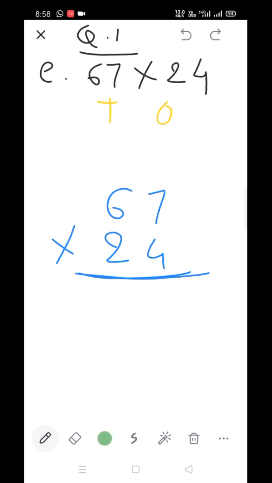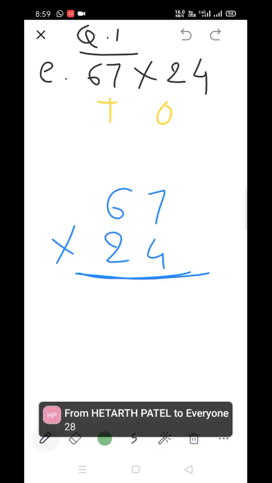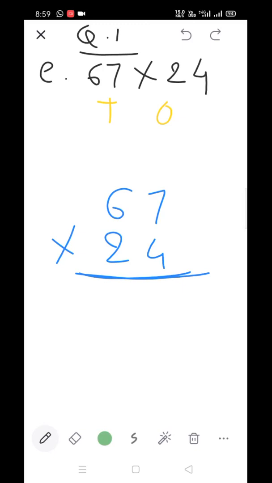Okay, start the multiplication of 4 with 7 and 6. First we multiply 4 with 7 and 6. So 4 multiplied by 7, start the table of 4. 4 fives are 20, 4 sixes are 24, 4 sevens are 28. So 8 will be here and 2 as a carry.